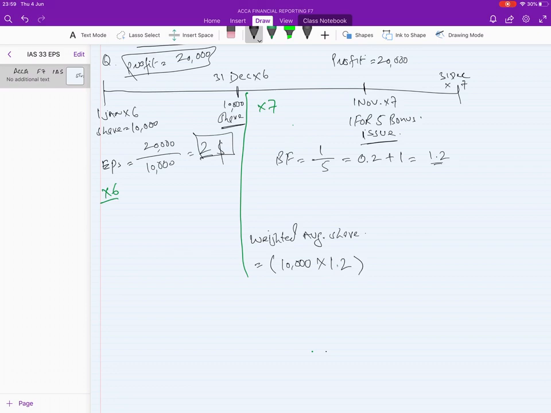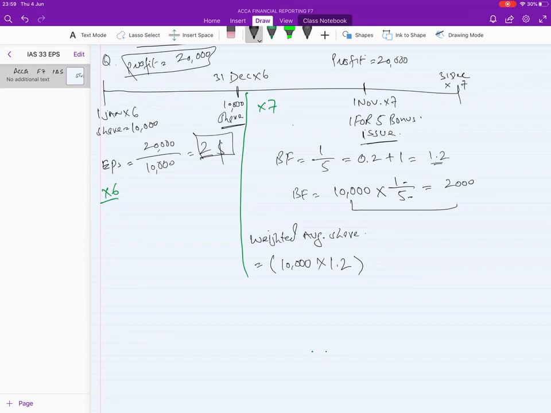Or you can calculate the other way around. For the bonus fraction, method 2: you were having 10,000 shares before, right? And now you will get 1 share if you have 5 shares in hand. So it means you will get 2,000 shares.